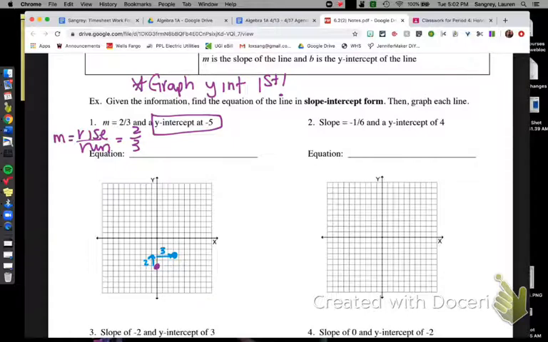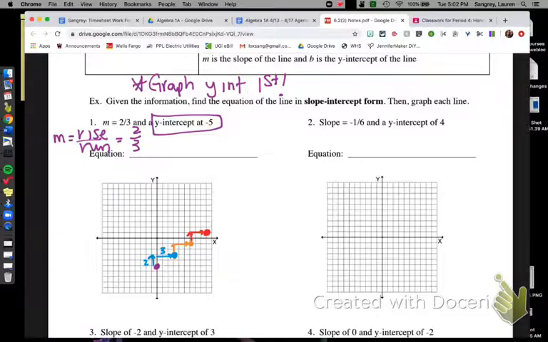Then I start from that blue point, go up 2/3, and make another dot. We like to make at least 3, maybe a couple more. I'll do one more. Now I'm starting from the orange dot, going up 2/3 and making another dot.